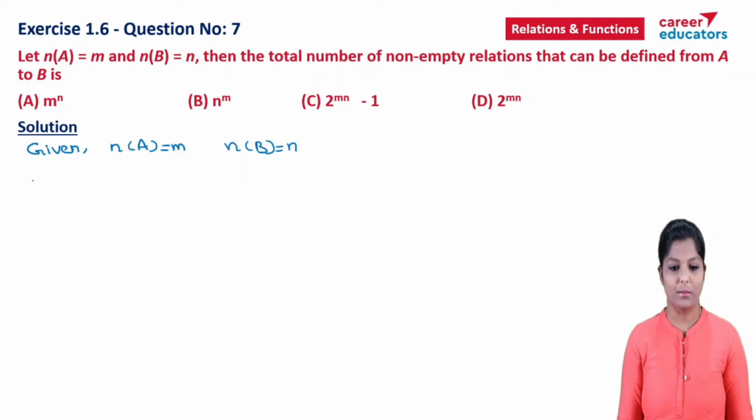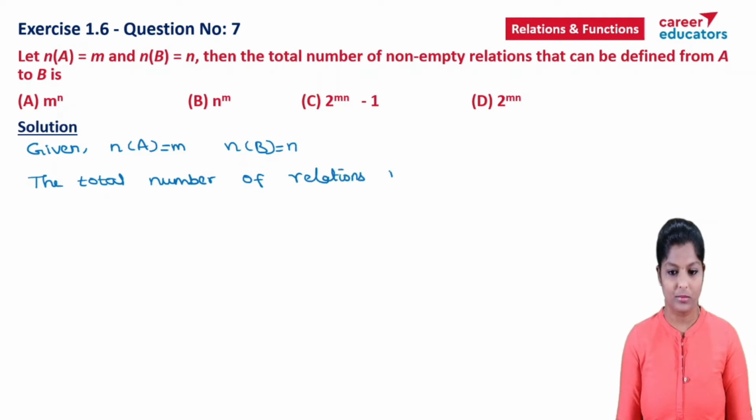The given statement is the total number of relations that exist from a to b is 2 power pq.